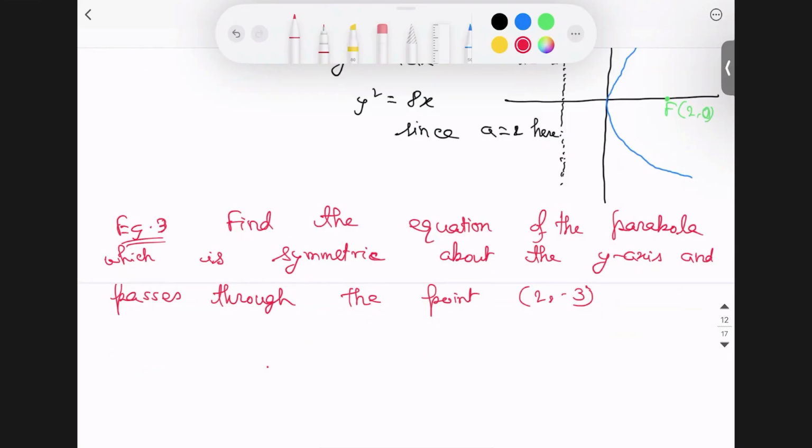Here they didn't give any focus or equation of directrix or anything, but they have mentioned some criteria of the parabola.